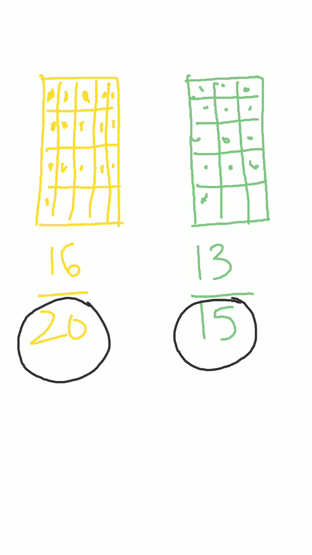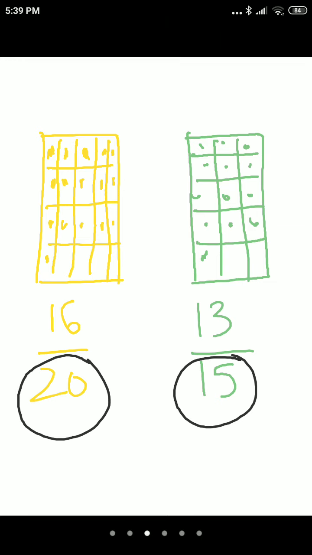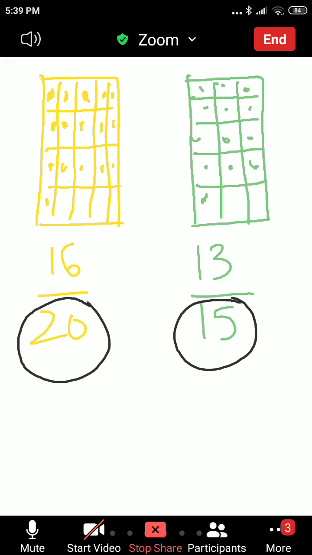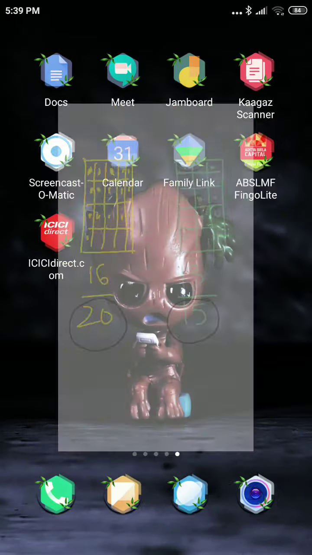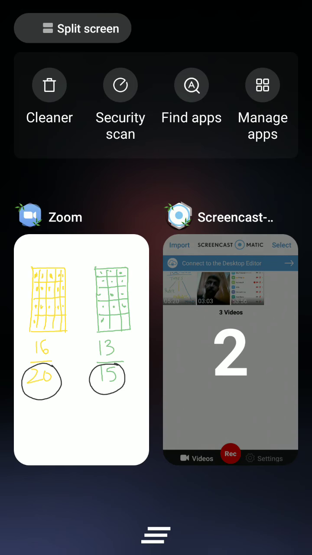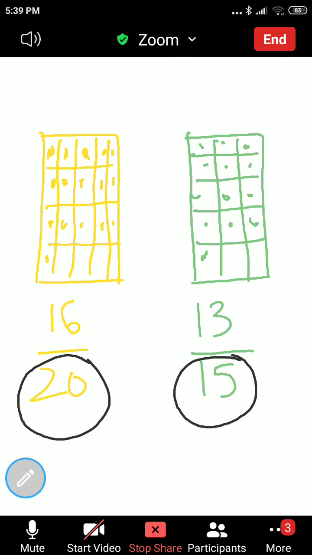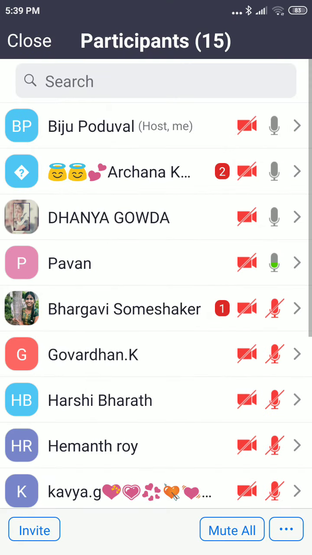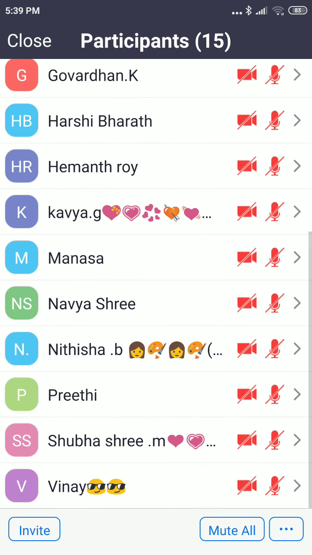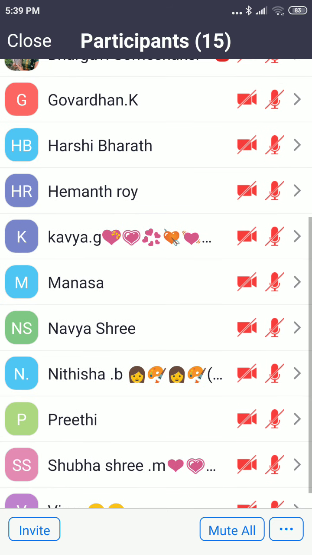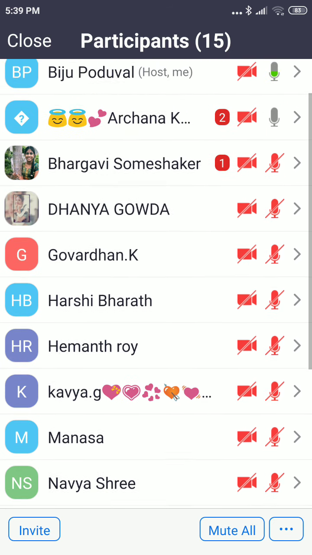I have to find the LCM of what? Tell me, Kavya. The LCM of which two numbers will I find? Wait, hold. We'll give a chance to every child. Okay. Preeti, the LCM of which numbers?